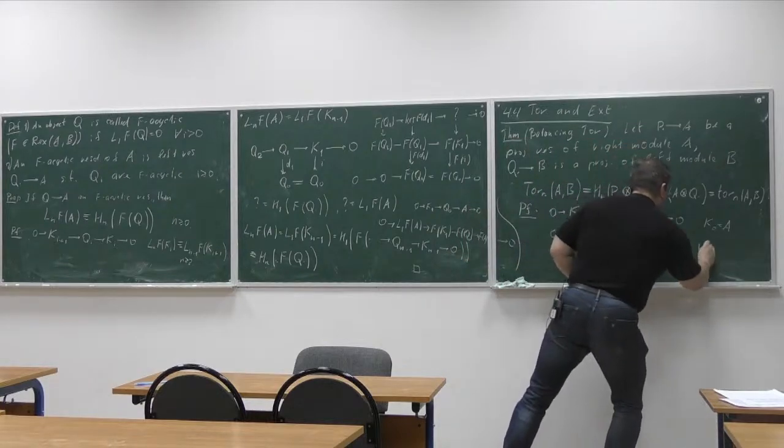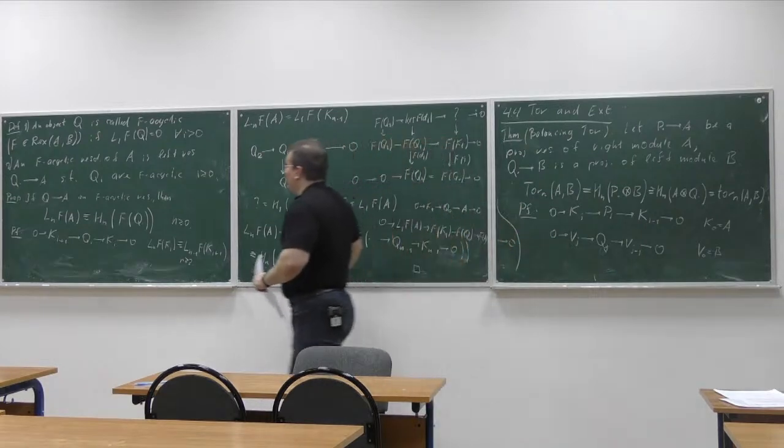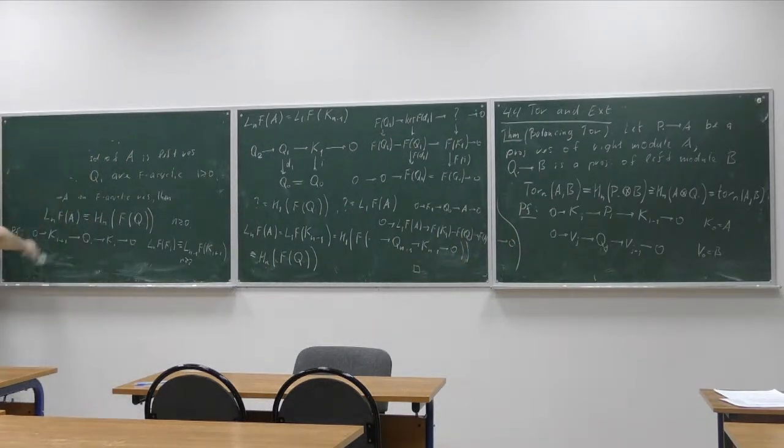And as before, V0 is B. In the first formula, the index is i. In the second formula, the index is j.